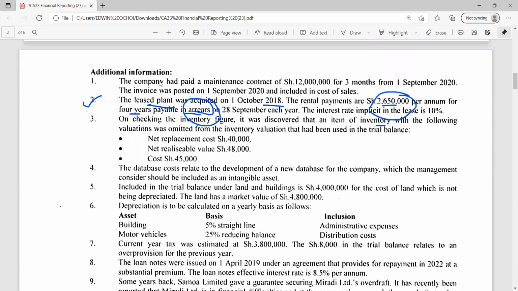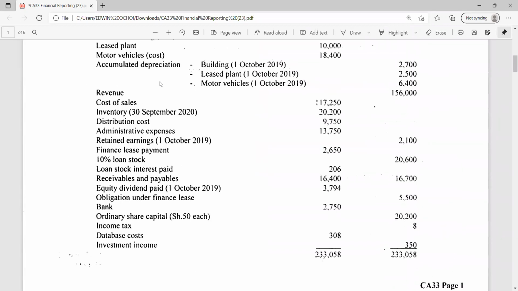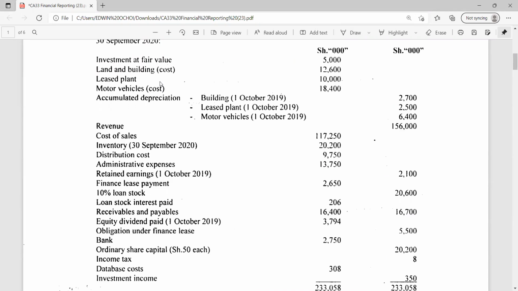So we have to go back to the trial balance and check if they mentioned this leased plant. The leased plant is stated at 10,000. They also talked about finance lease.